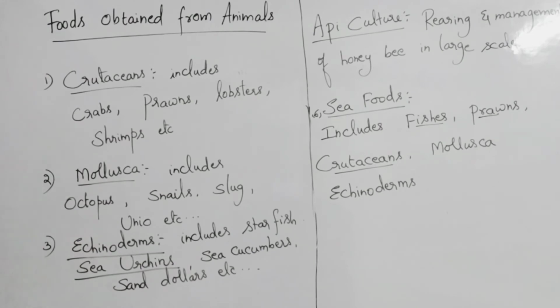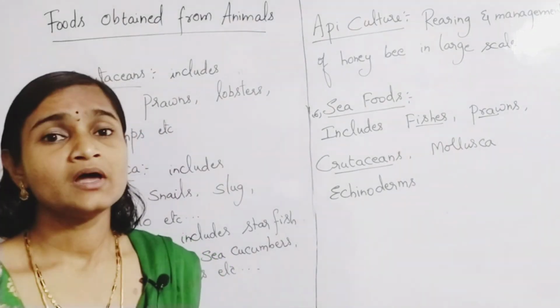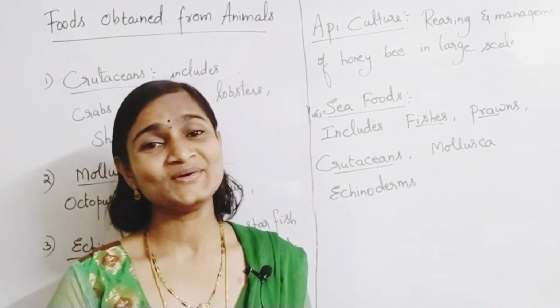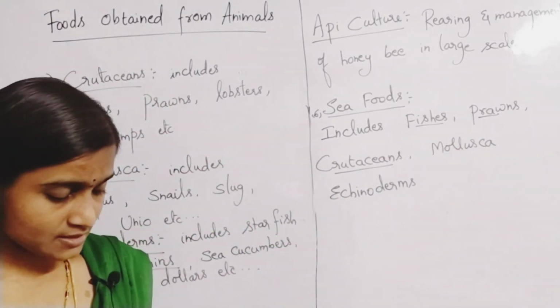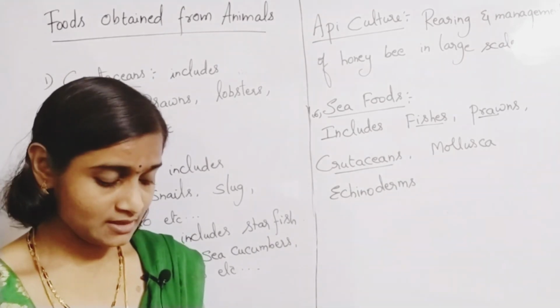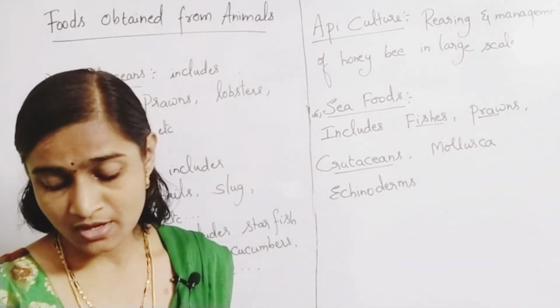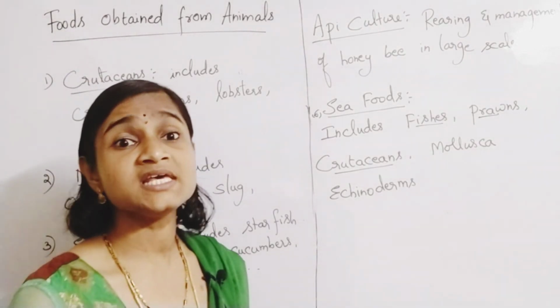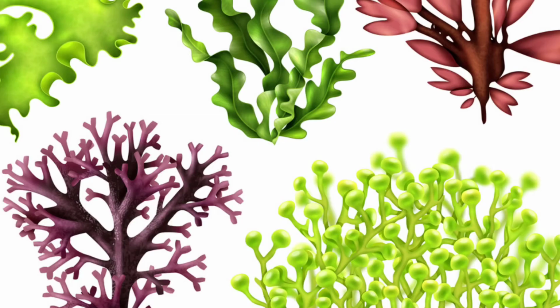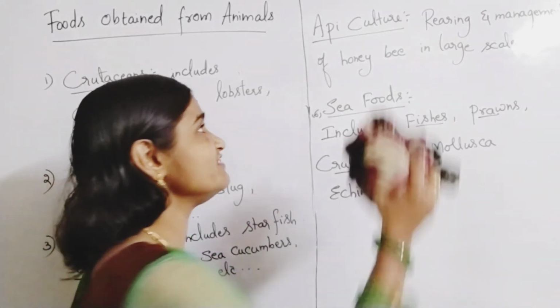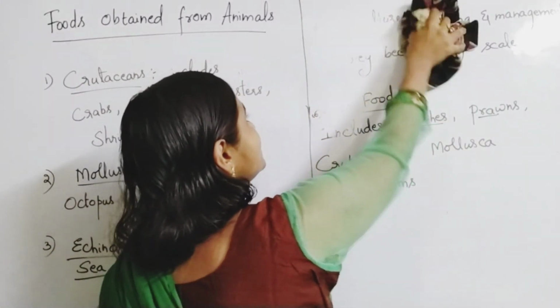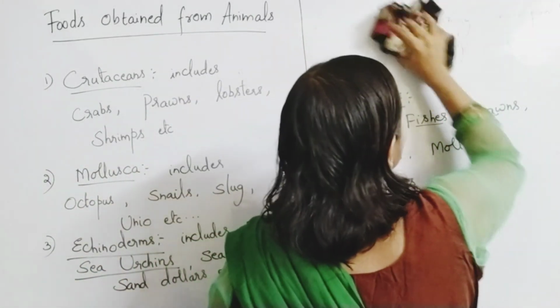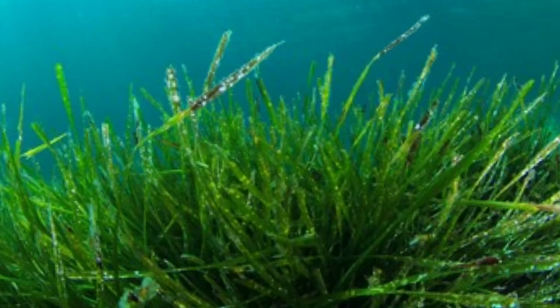These three also come under the category of seafoods only. These are the different types of seafoods, and they all come under non-vegetarian foods. But you also come across certain seaweeds. As we are talking about seafoods, I should include seaweeds. What do weeds mean? Weeds are the unwanted plants which grow along with the main plant.